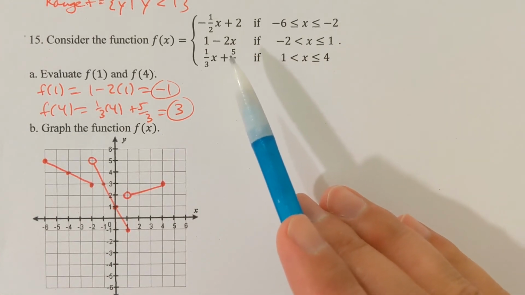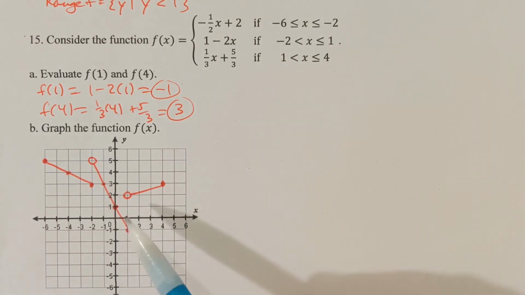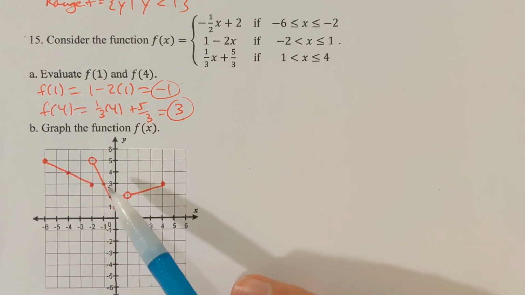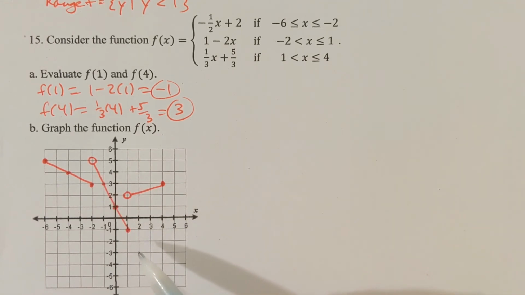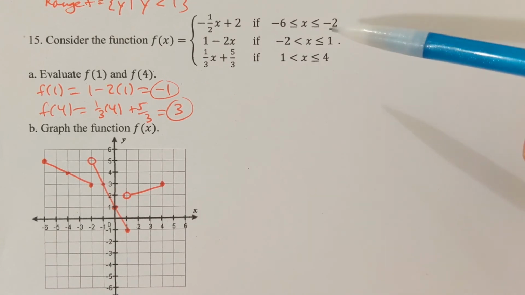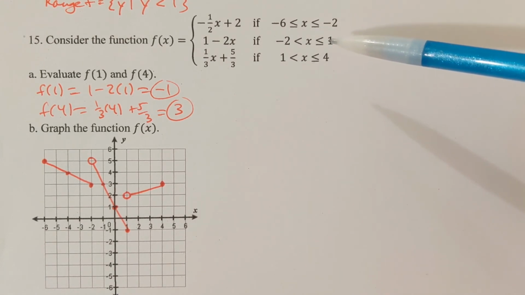Piece 2, negative 2x plus 1. The plus 1 means I'm going to cross the y-axis at 0, 1. And I go up 2 and to the left 1, or down 2 and to the right 1. Okay, so I got this piece going from negative 2 to 1.